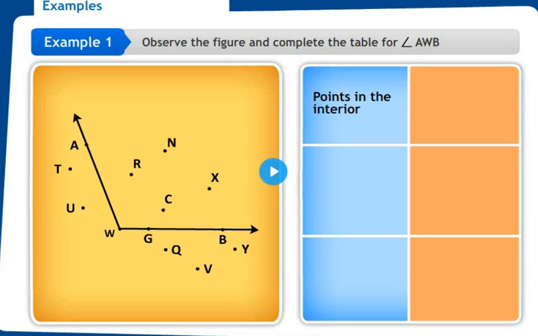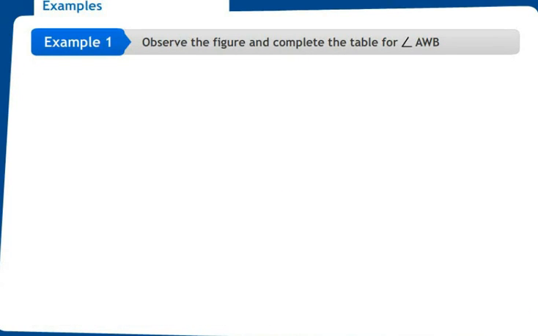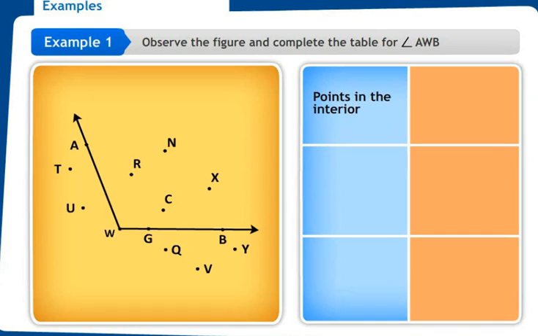So let's see. Now you can see your angle AWB, that's the name of the angle. W is the vertex. Now AW and WB, they are the arms of the angle.